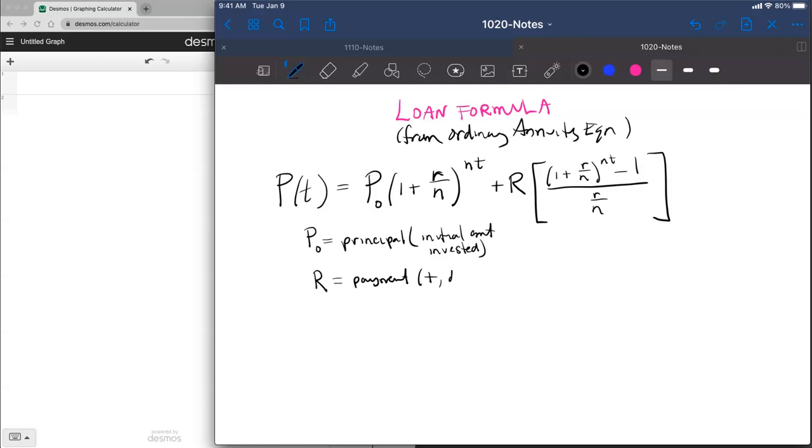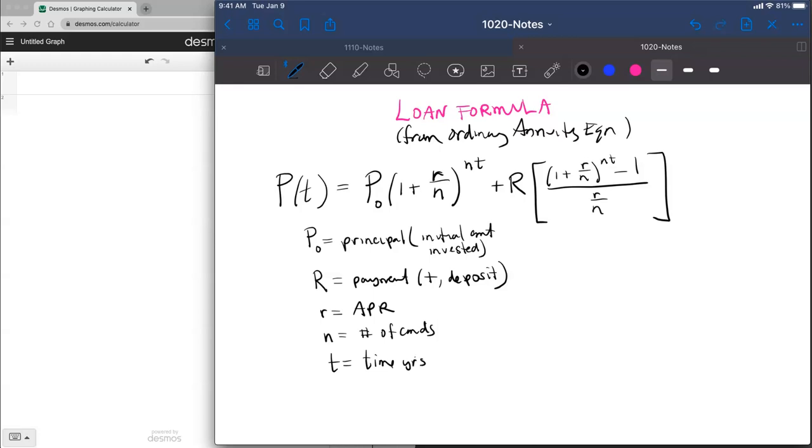A positive number for R indicates that we are making deposits into this annuity account. And then we know that r is equal to a percentage, the annual percentage rate, n being the number of compoundings, and t is the time in years.